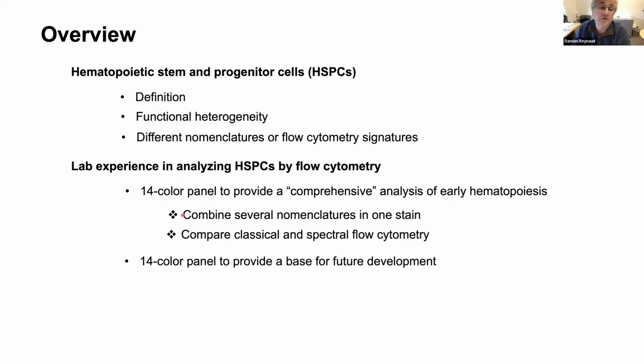The principle of this 14-color panel is that we combine several nomenclatures coming from different labs in one stain, which makes it very easy to have a broad picture of the hematopoiesis in the mice, and can save time and effort when you want to analyze a broad cohort of mice.